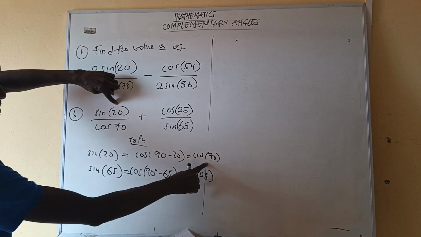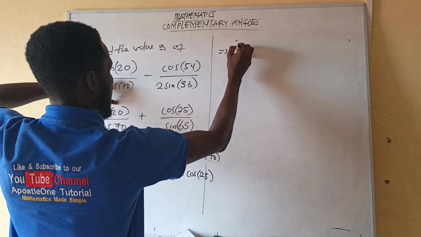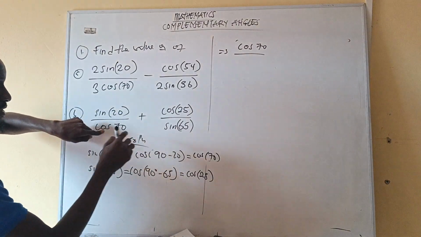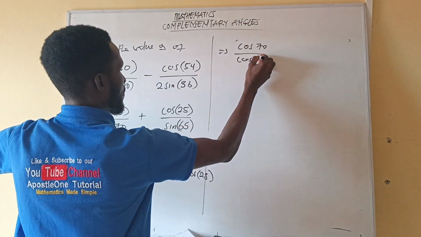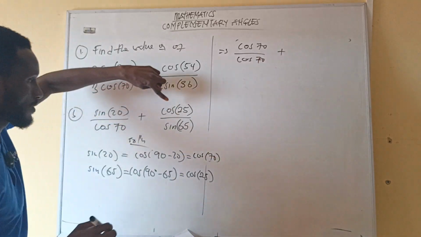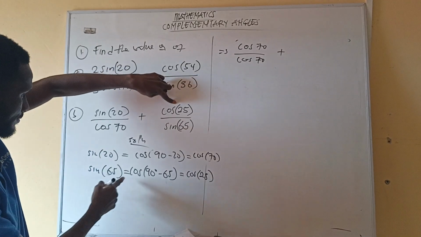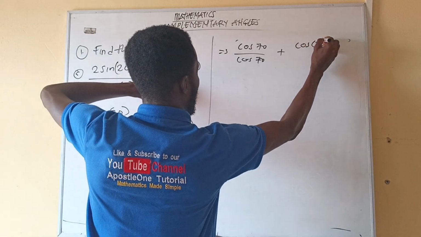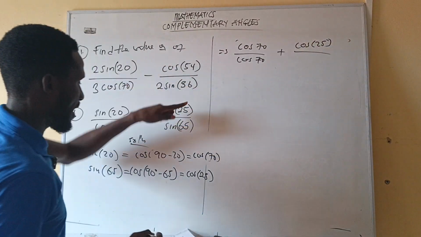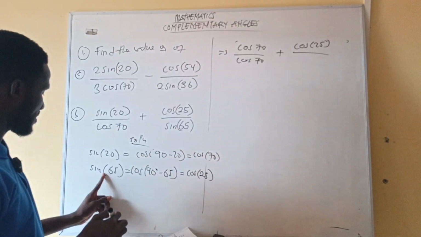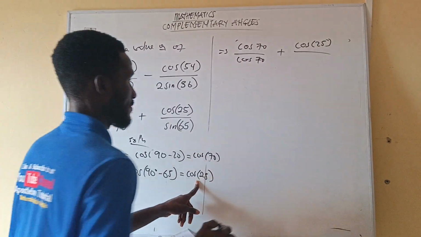Sine 20 is the same as cos 70. So I'm going to get cos 70 divided by cos 70, plus cos 25. I didn't change cos 25, so I still have cos 25 divided by, now I rather change this one. I change the sine rather to cos. Sine 65 the same as cos 25.